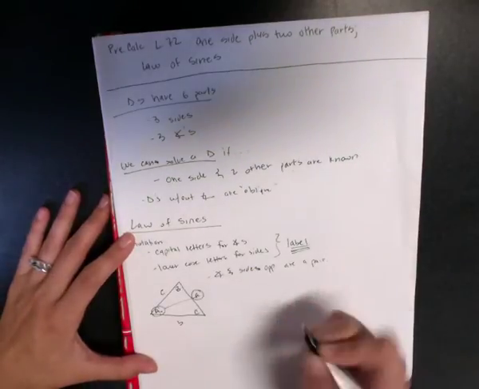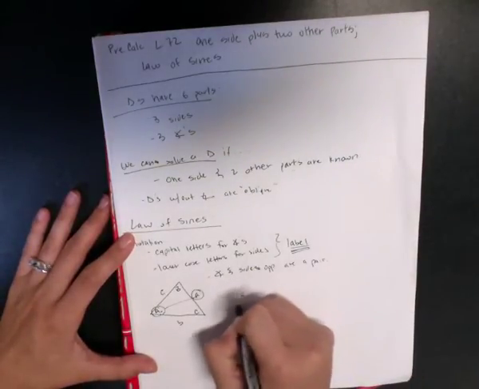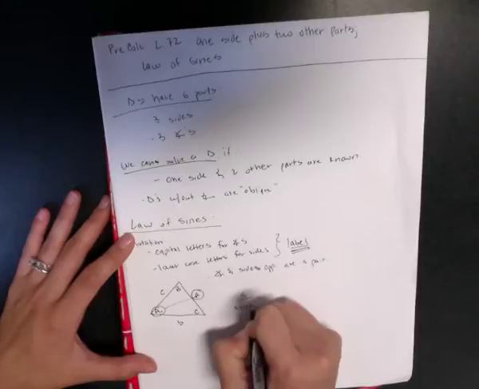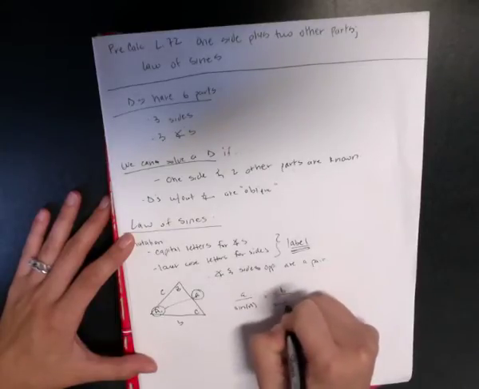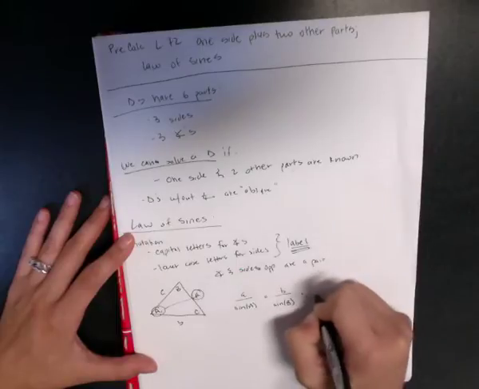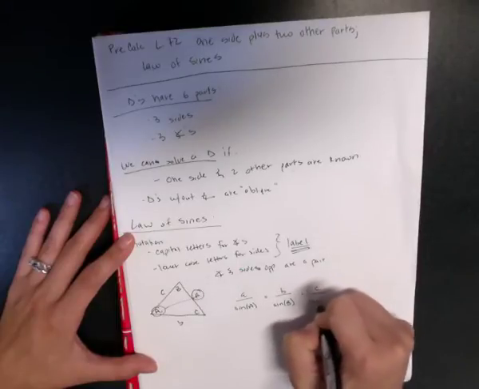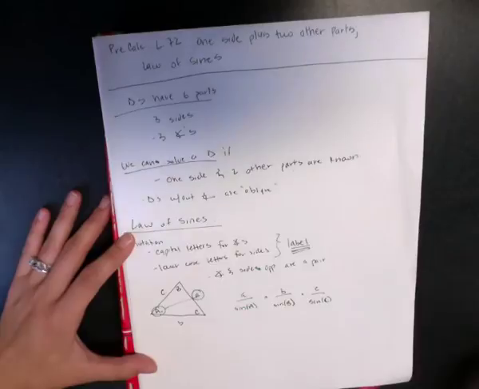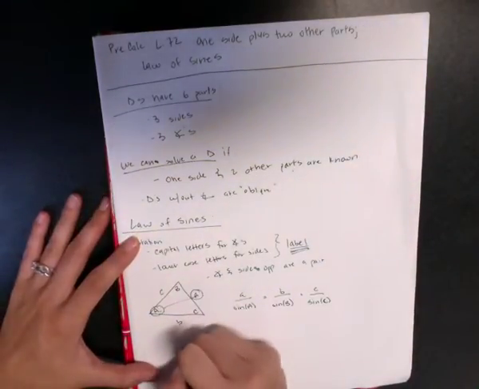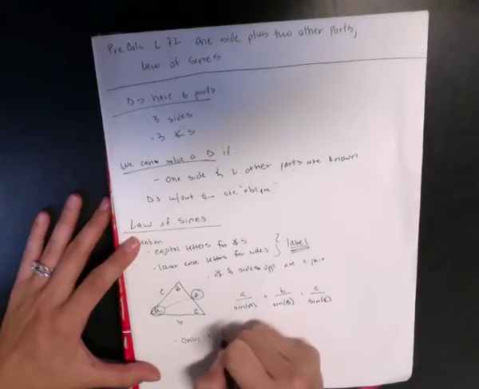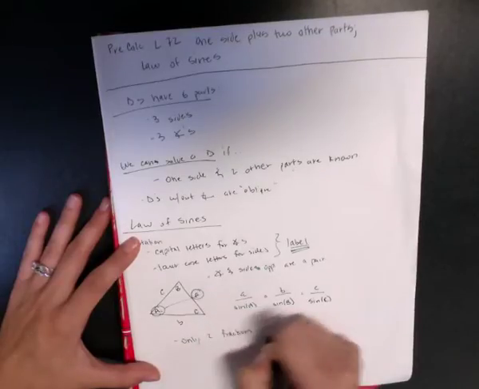Which means we can set up our law of sines. This is the big law of sines. We can say that a over the sine of capital A equals b over the sine of capital B, which also equals c over the sine of capital C. Pretty nifty. We will only use 2 fractions at a time.